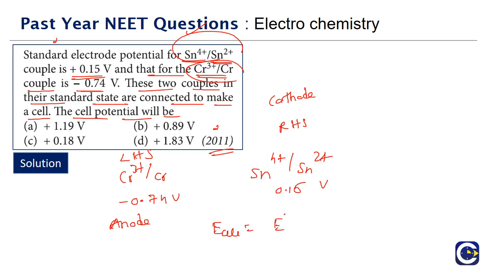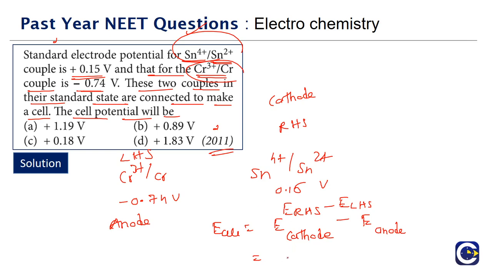E cell value will be E cathode, the reduction potential of the cathode, minus the reduction potential of the anode. Some textbooks also write it as E RHS minus E LHS, because the convention is that RHS will be the cathode part and LHS will be the anode part.